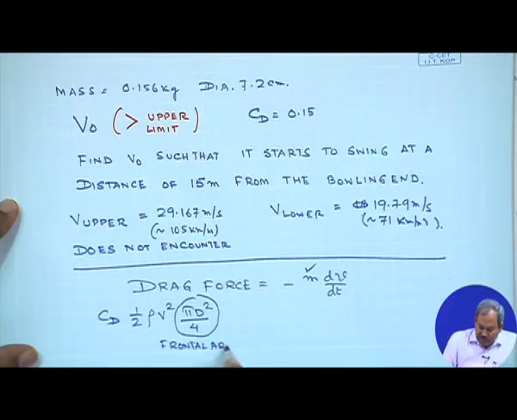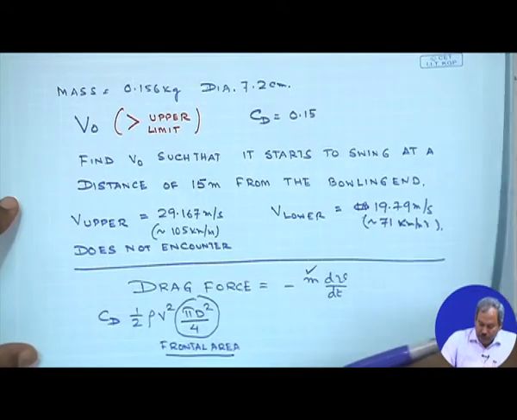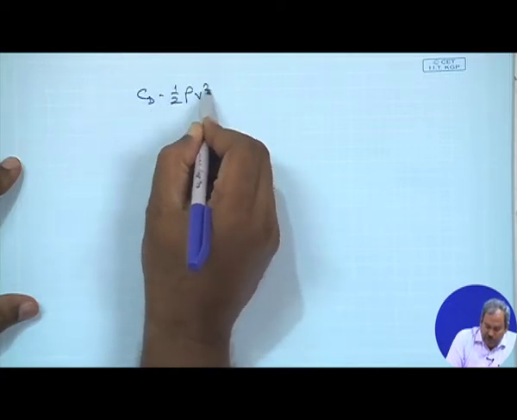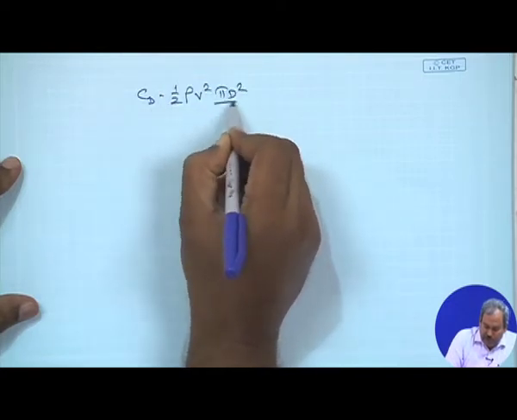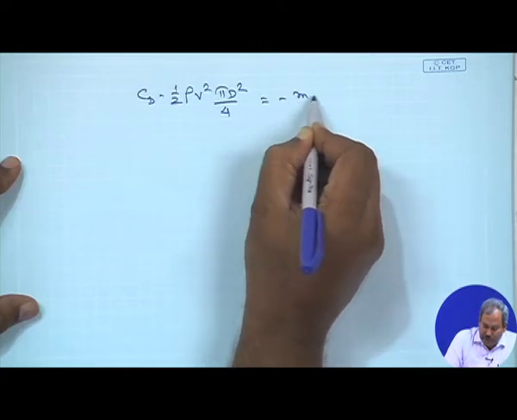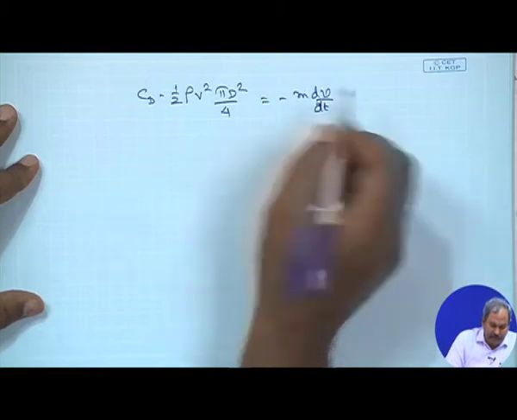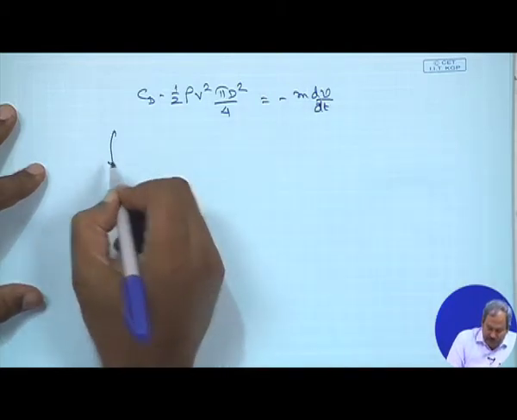That's how CD is defined, based on the frontal area. So if this expression is used, CD times half rho v square times pi d square by 4 is equal to minus m dv/dt, then you put in the numbers and integrate.